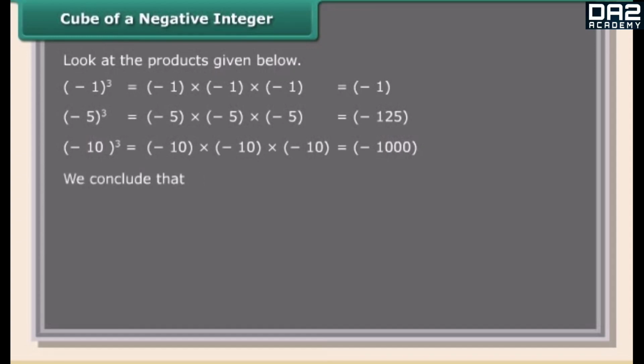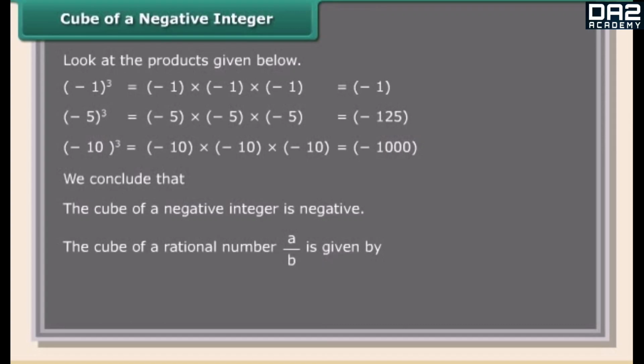We conclude that the cube of a negative integer is negative. The cube of a rational number a upon b is given by (a upon b) cube is equal to a cube upon b cube.